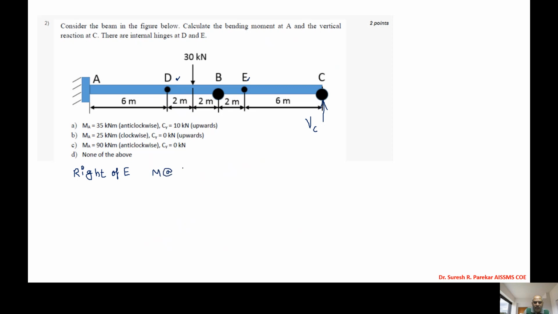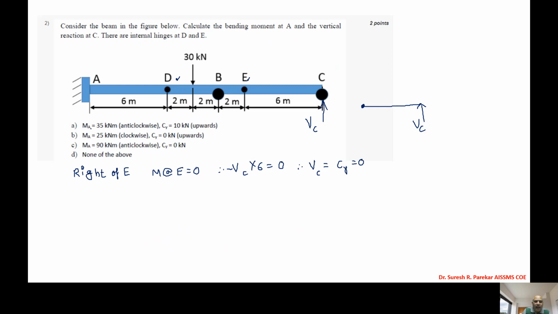Moment about E is 0. Therefore we will get minus VC into 6, no load. So we are considering only this portion, VC, and we have a hinge over here. Then minus VC into 6 equal to 0. We will get VC, or as they call it, CY, equal to 0.